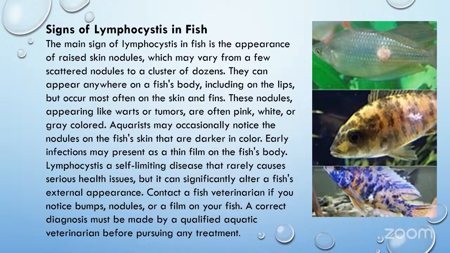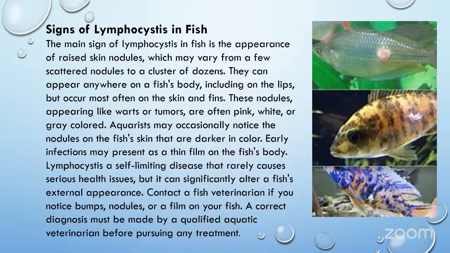These nodules, appearing like warts or tumors, are often pink, white, or gray colored. Aquarists may occasionally notice nodules on the fish's skin that are darker in color. Early infections may present as a thin film on the fish's body.